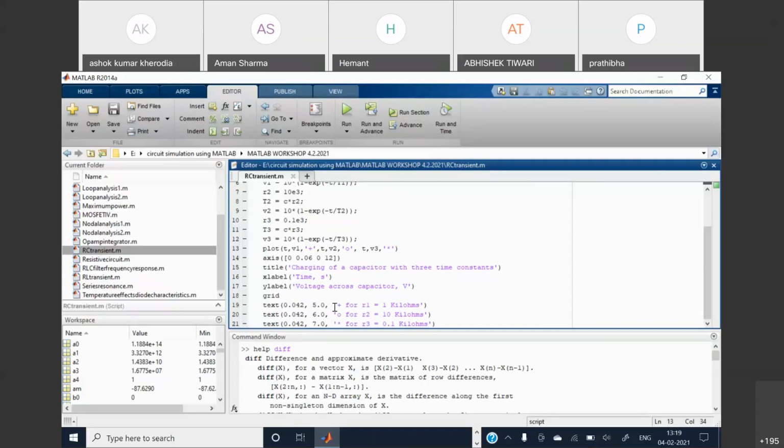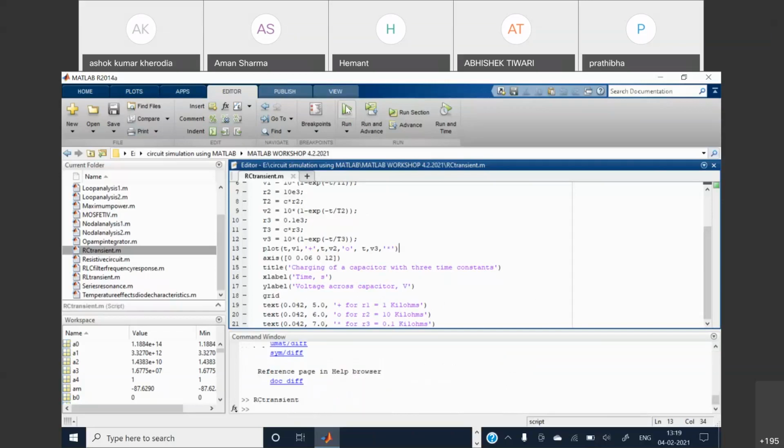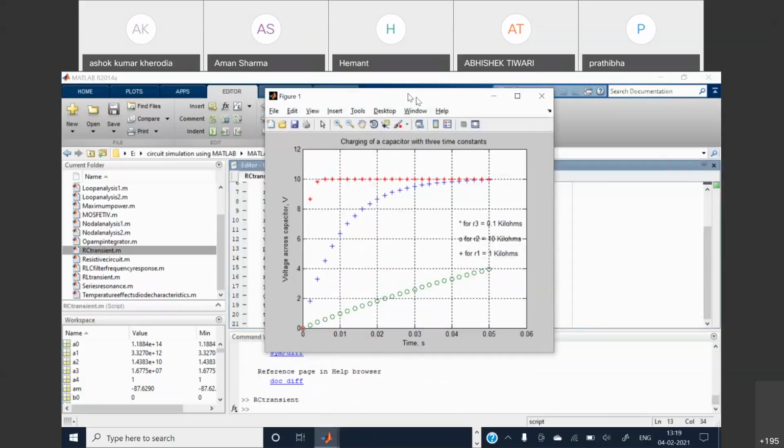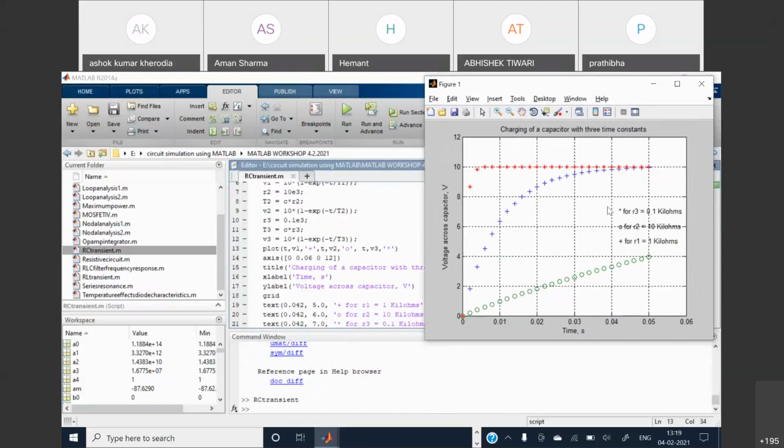So what will I get when I plot? See here, this text is saying you have to place these text values at 0.42, so it is coming around 0.042, and it is plotting the value for C: plus is for R1, this circle is for R2, and star is for R3.